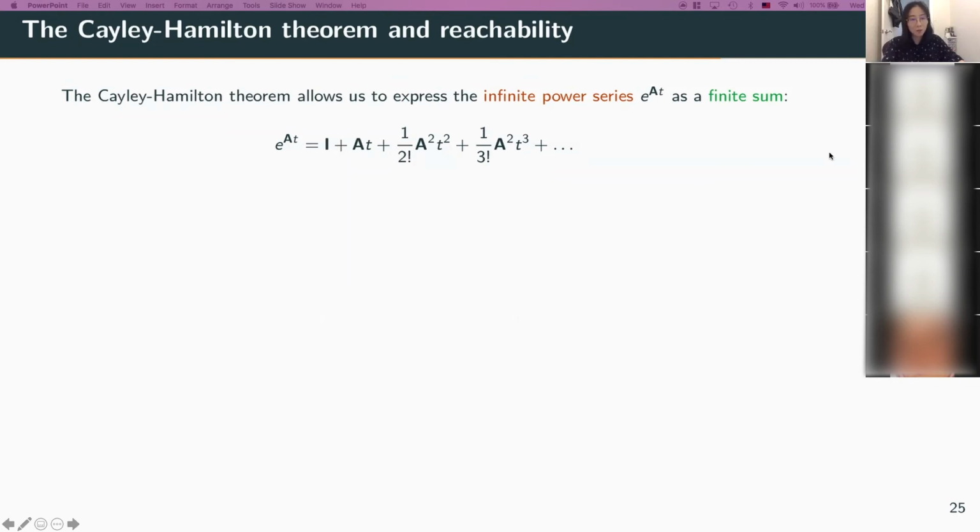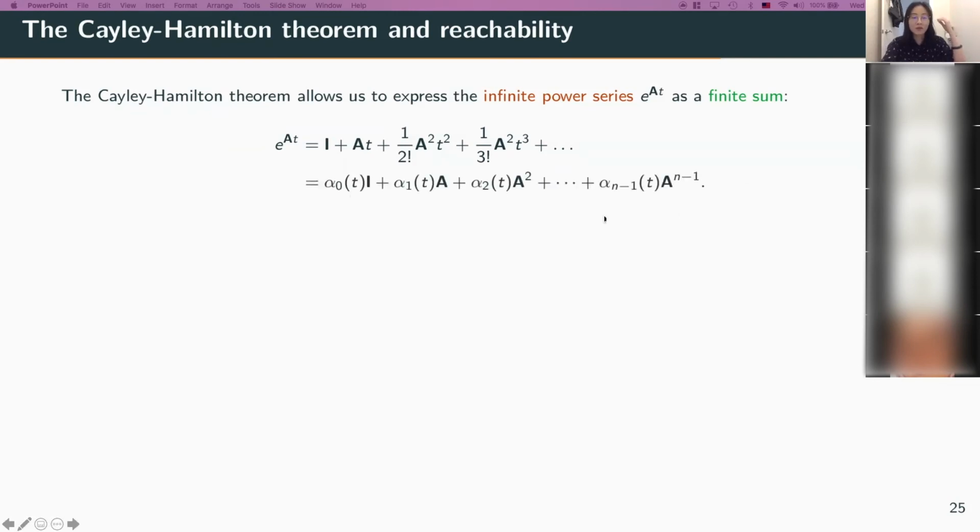With Cayley-Hamilton, you can have all these lower power terms, but once you reach A to the n multiplied by t to the n, am I having a typo here as well? This is another typo. Once I reach A to the power of n, I can write that as a linear combination of the lower order terms, and also for all the future terms.